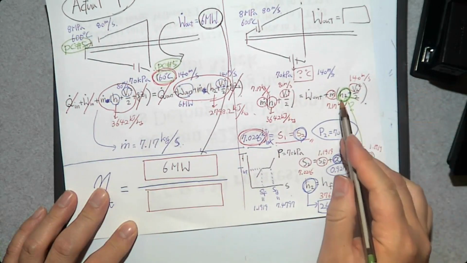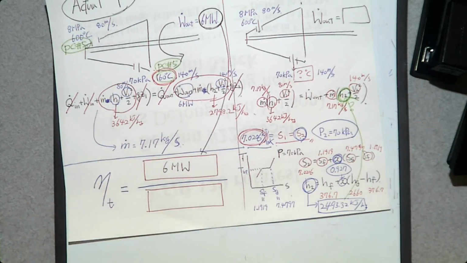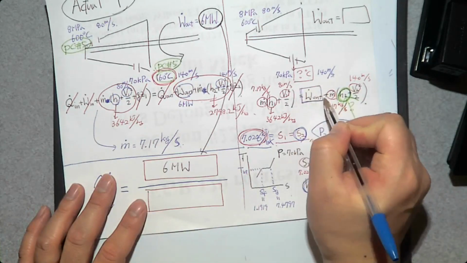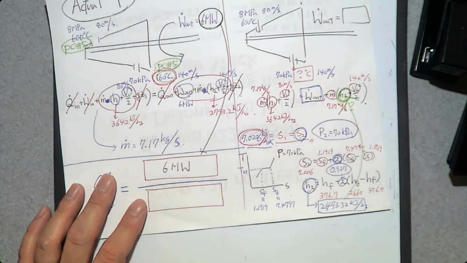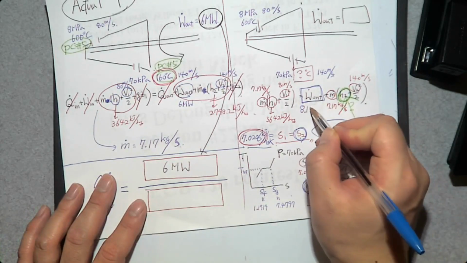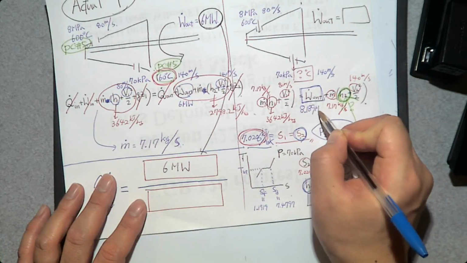Let H2 go to this energy balance equation. Now, can you determine W dot out? Yes, we can. Now we have everything but turbine power produced. So we can determine W dot out. That is 8.189 megawatt.